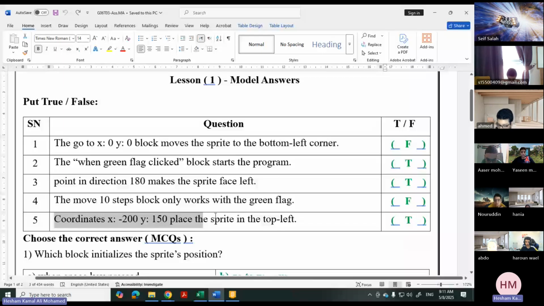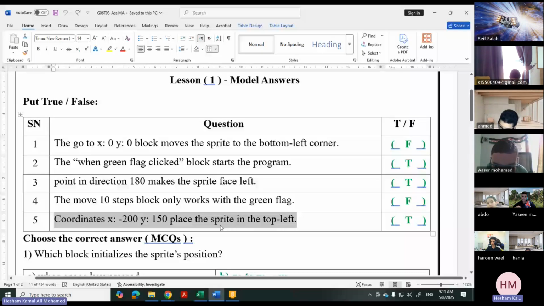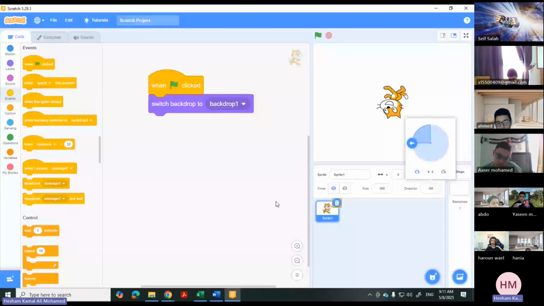Can you do the next one as well? Read it out loud for us. Coordinates x negative 200 and y 150 place the sprite in the top left. Right, correct. Why? If we go here, we are moving here. It's in the middle, right in the middle. Let me do it like this. This is the main one. This is a sprite.